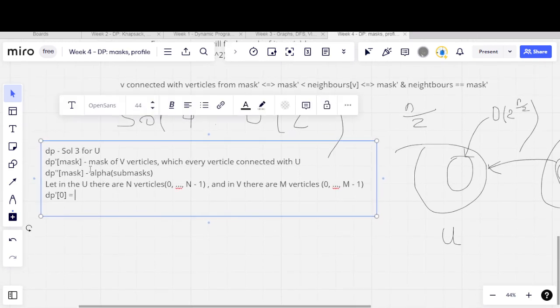If we have a mask of verticals, which every vertical connected with all, how many verticals connected with all this if we haven't verticals? All the vertical.